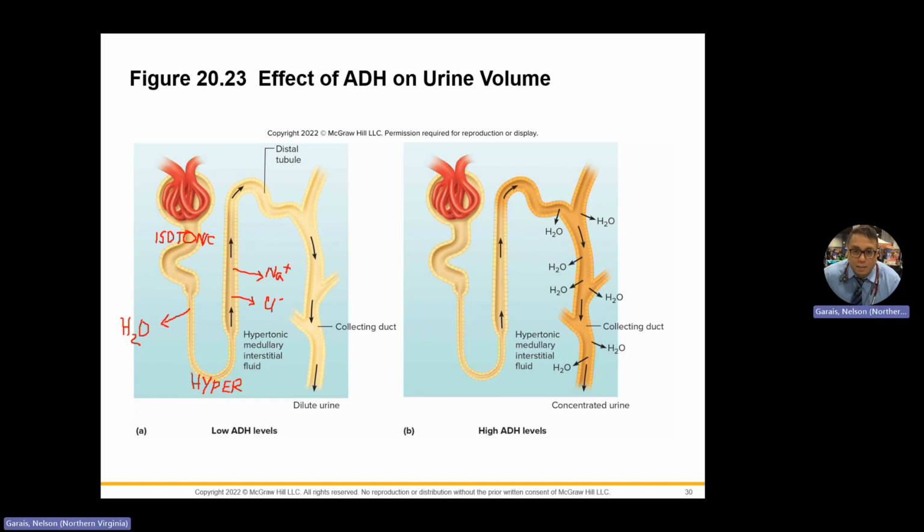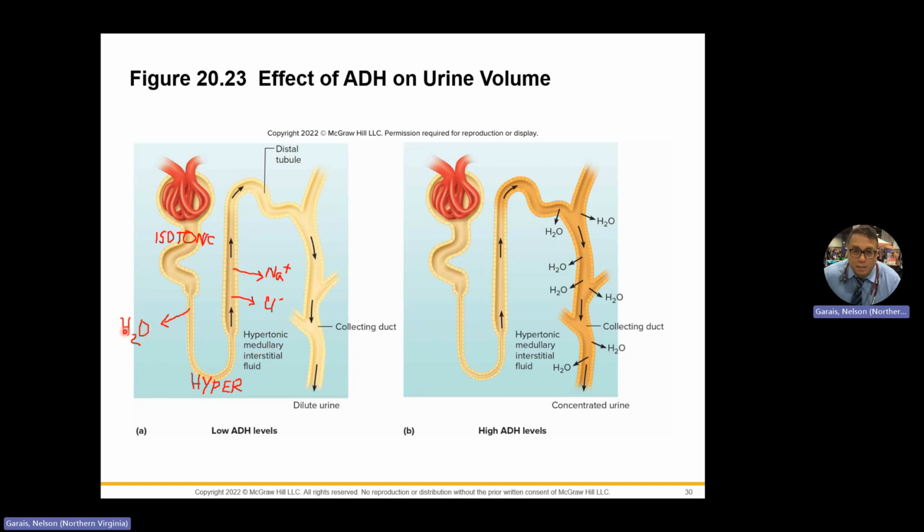So what is the function of this countercurrent multiplier? The function of all of this is to what? This is where, for lack of a better term, your kidney decides what the concentration of urine is.